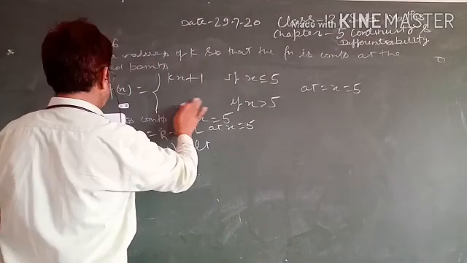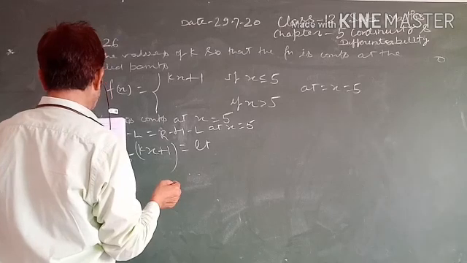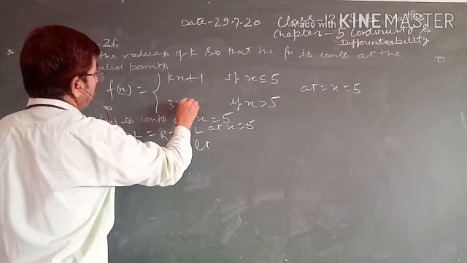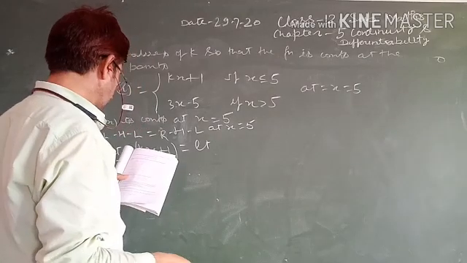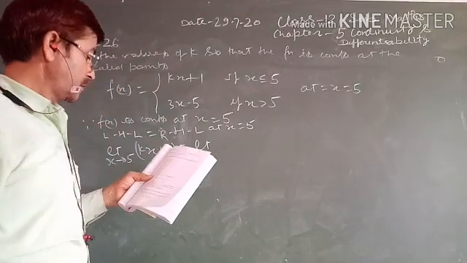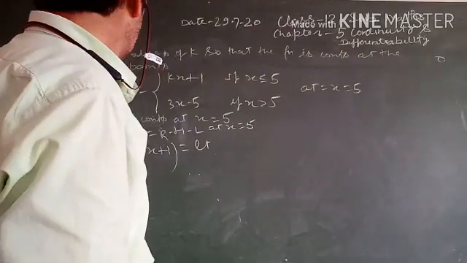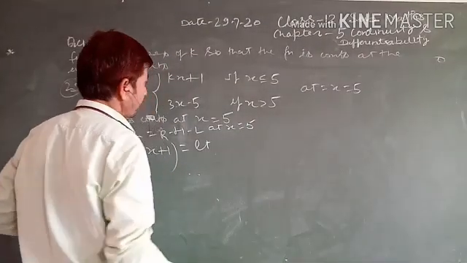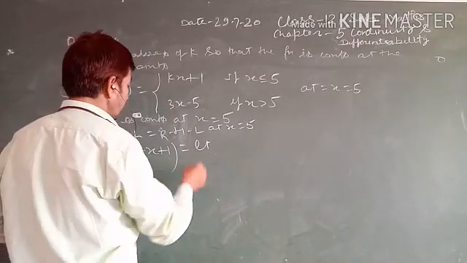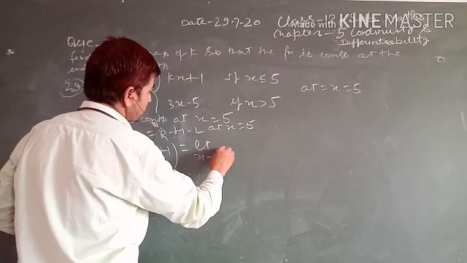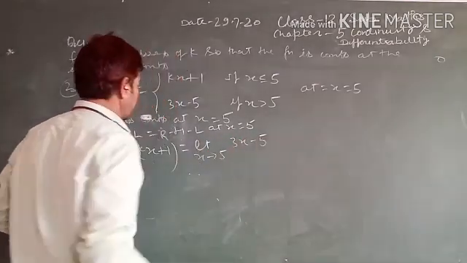its second function is 3x minus 5. RHL is limit x tends to 5, the function is 3x minus 5.